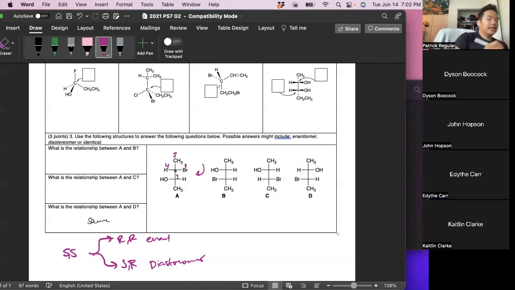If it went clockwise, that's R. However, the 4th group is facing toward us, so in real life, that's going to be S. Okay. So even though it goes 1, 2, 4, 3, that still would be considered clockwise until you flip it because the H is pointing towards us. Okay. Yeah.